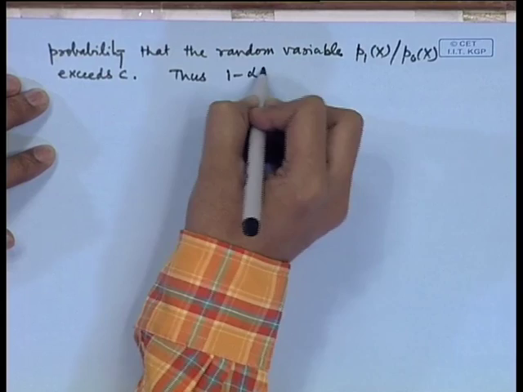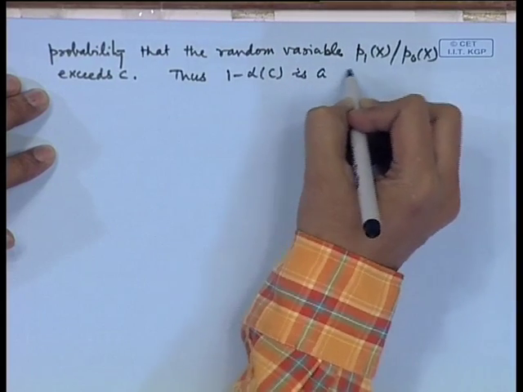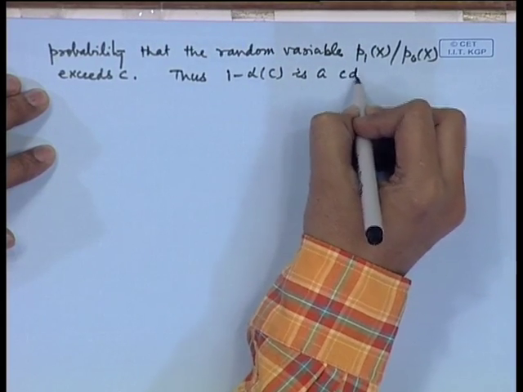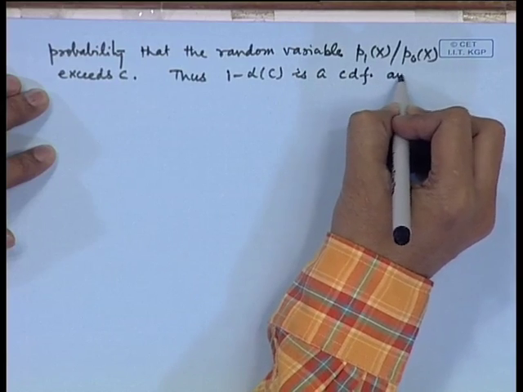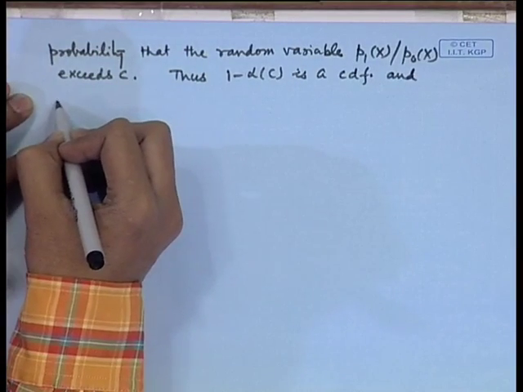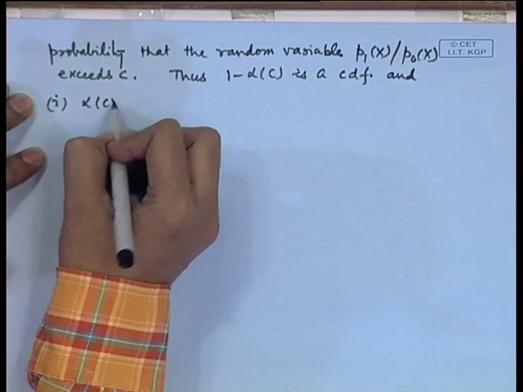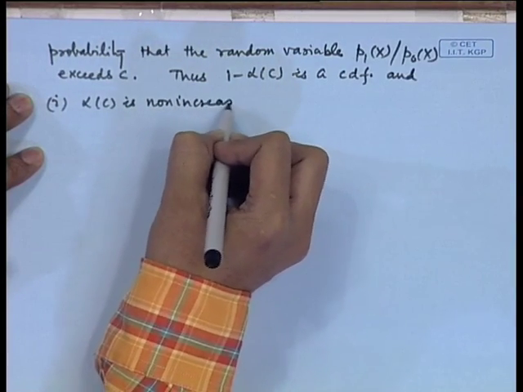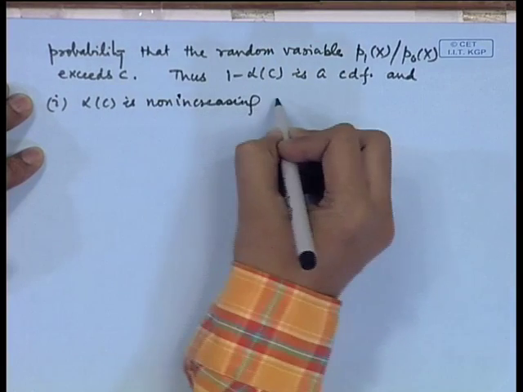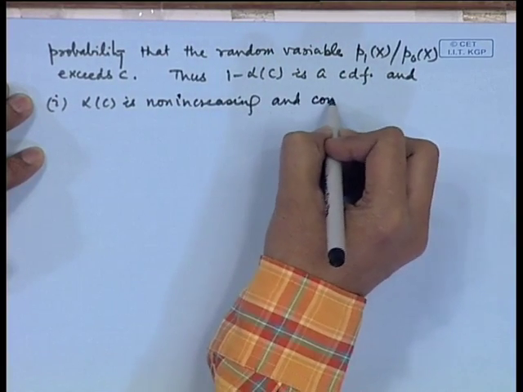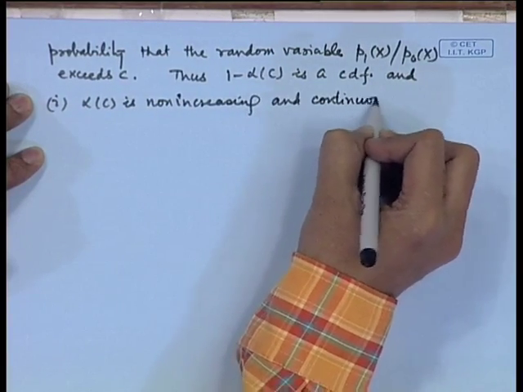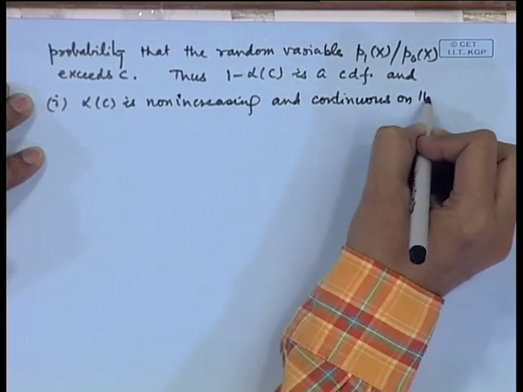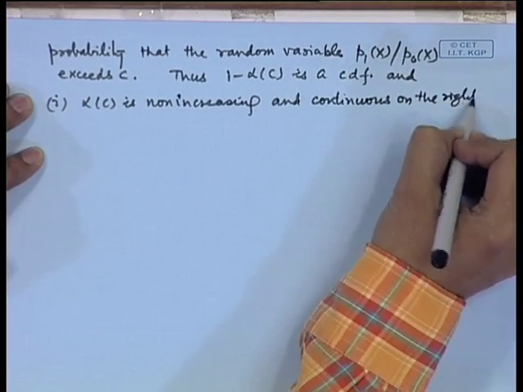Thus, 1 minus alpha c is a cumulative distribution function, and we have the following properties. Alpha c is non increasing and continuous on the right, that is the property of the CDF.